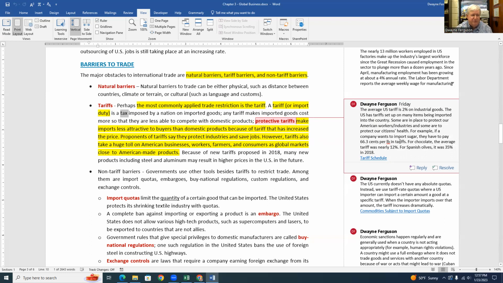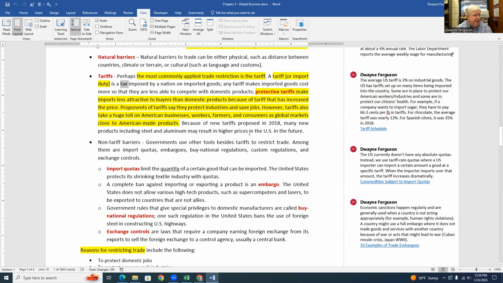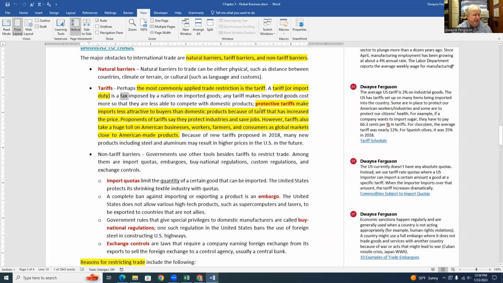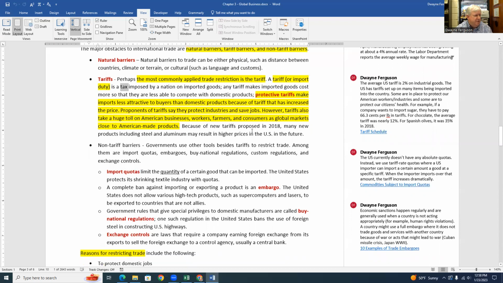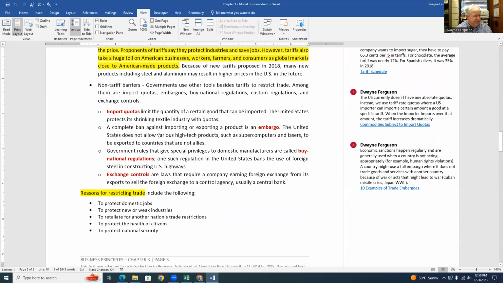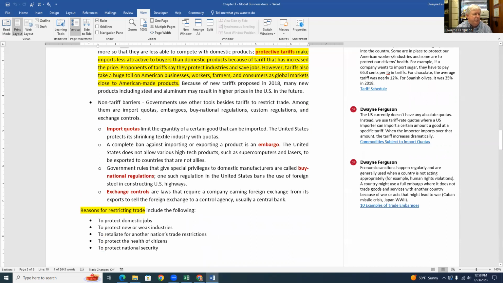So that protects our sugar industries in Florida. And I gave you some others like chocolate and olives and stuff like that. But anyway, a protective tariff, a duty, a tax on the stuff coming in is there to protect our American workers.